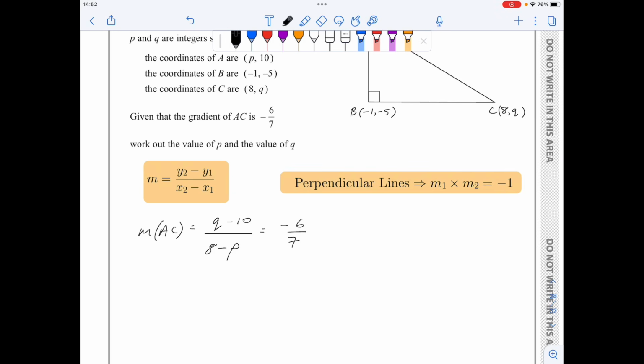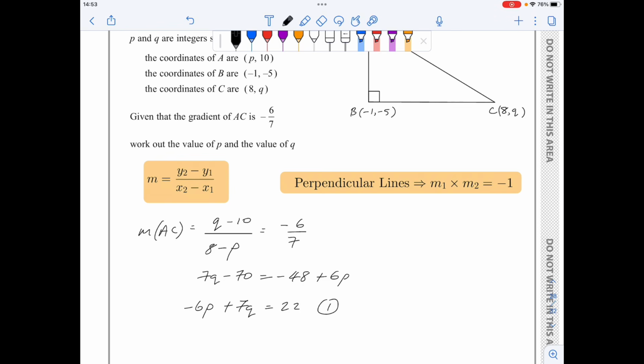If I cross multiply, I'll get 7Q minus 70 is equal to minus 48 plus 6P. I'll take the P and the Q on the same side, so minus 6P plus 7Q is equal to 22, and that's the first equation I will solve simultaneously.